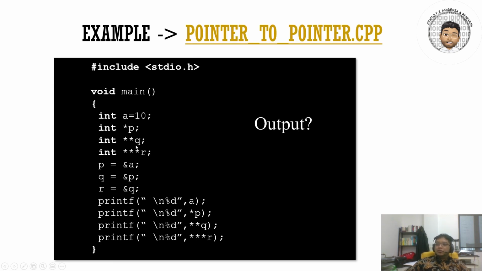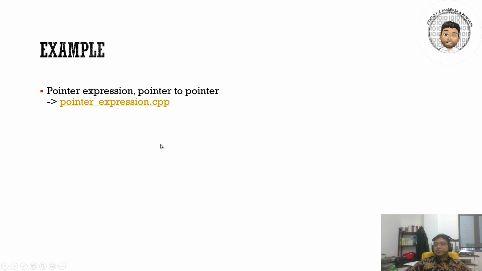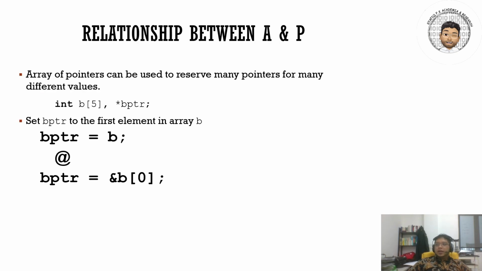Sometimes we can go up to three stars, meaning it points to a pointer that points to a pointer that points to a value, so three times pointing. I provide a list of codes in your column so that you can refer to them later on.